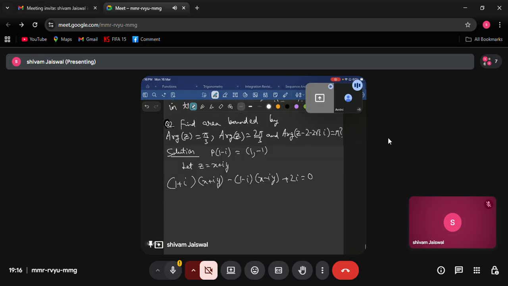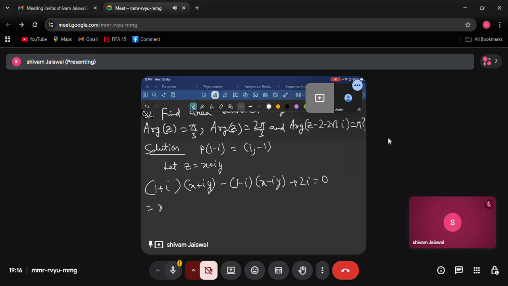Okay, let us simplify. What are we getting? x plus iota y plus iota x minus y, minus x plus iota y minus iota x, and then minus minus plus iota square, that will be minus, so minus y, plus 2 iota equal to 0.